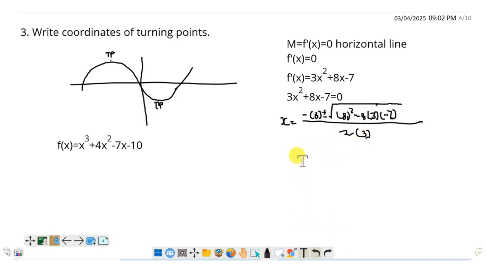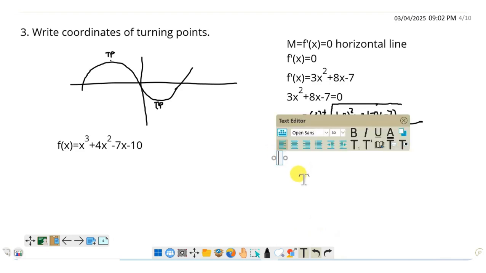Right? So from there, x equals negative 3.4 and x equals 0.7. Okay.